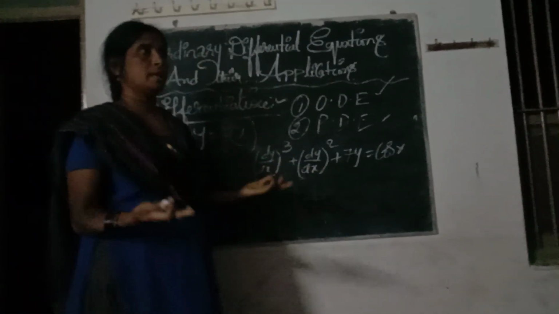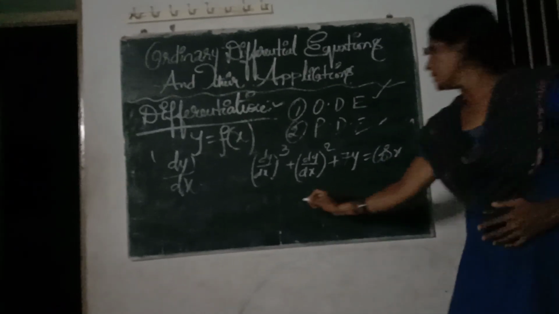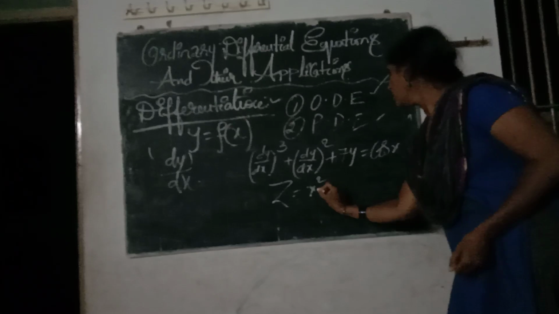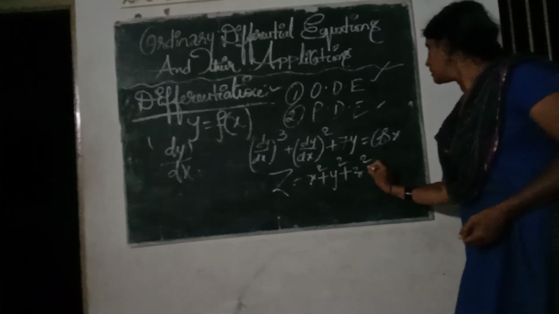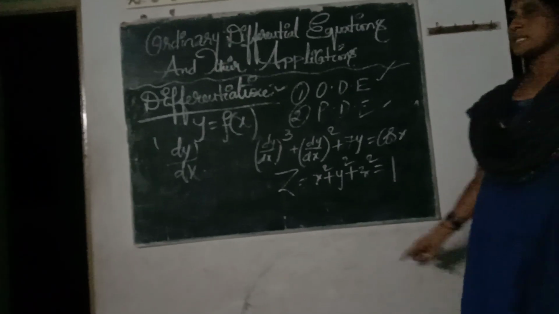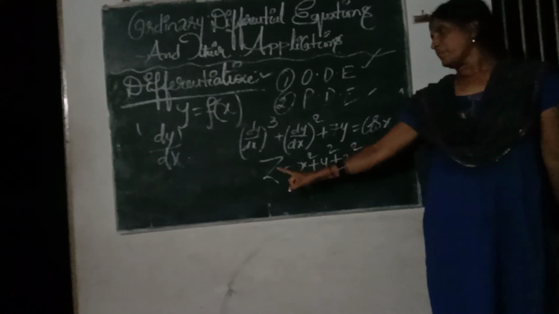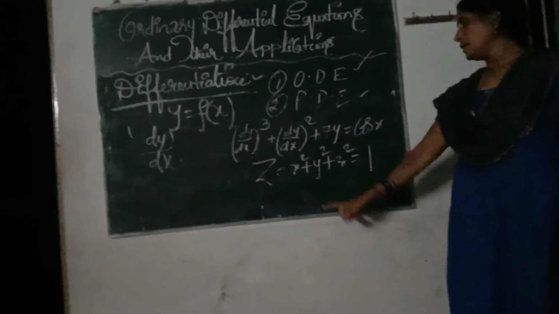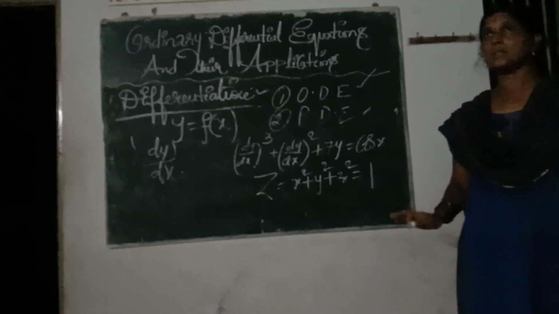Now I will give an example of a partial differential equation, that is x square plus y square plus z square equals 1. This is the sphere, or circle, equation. Here z is the only dependent variable, and x, y, z are one or more independent variables. How?